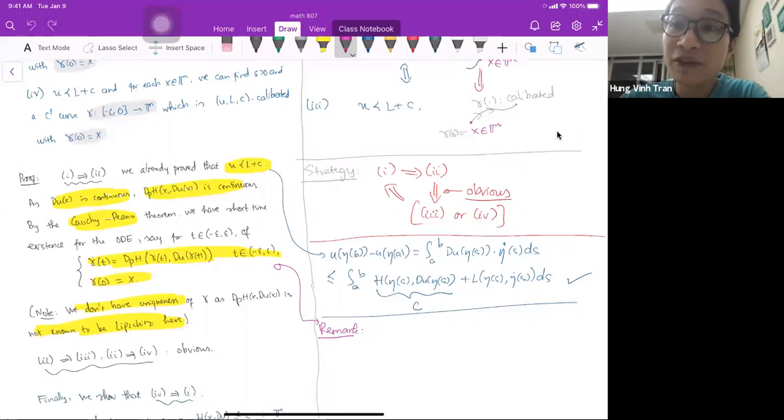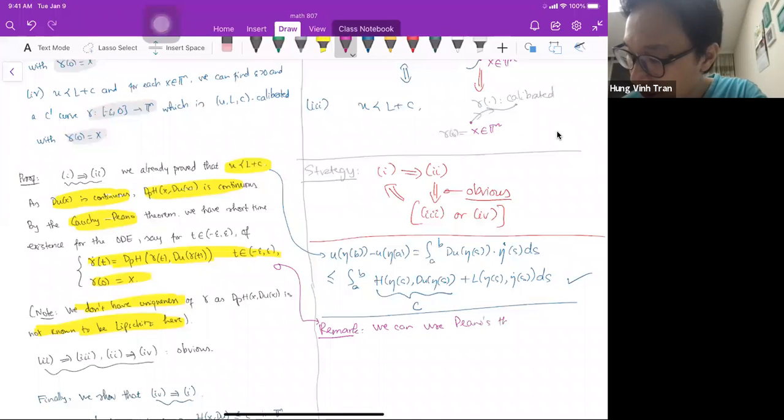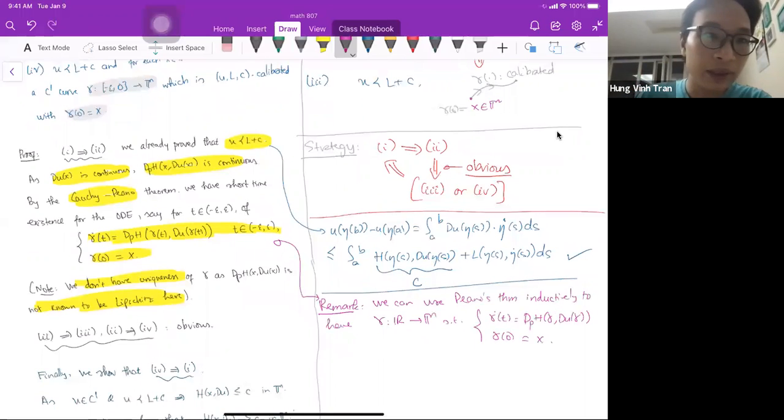And you keep defining further and further. So in fact here, we can use Peano's theorem inductively to have that gamma is defined on the whole of R, such that gamma dot of t equals dph of gamma du of gamma and gamma 0 equals x.